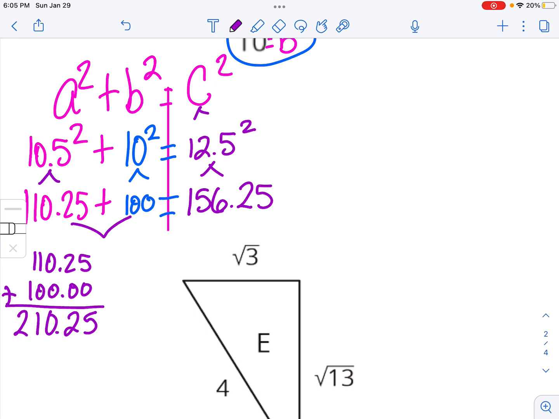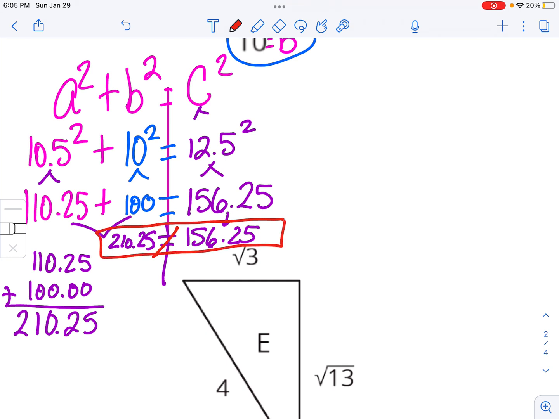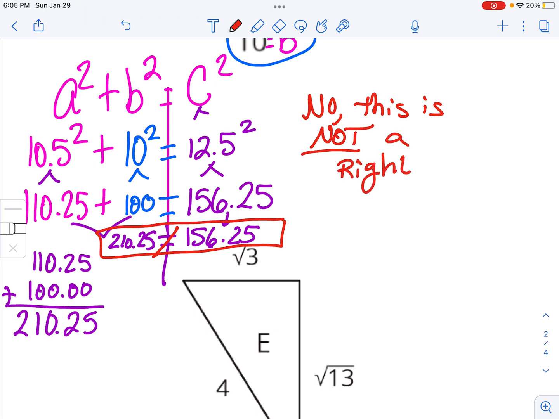So here I have 210.25 equaling 156.25. These are not equal. They are not the same on both sides here. So my answer is no. This is not a right triangle, and my work has to prove it. Okay?